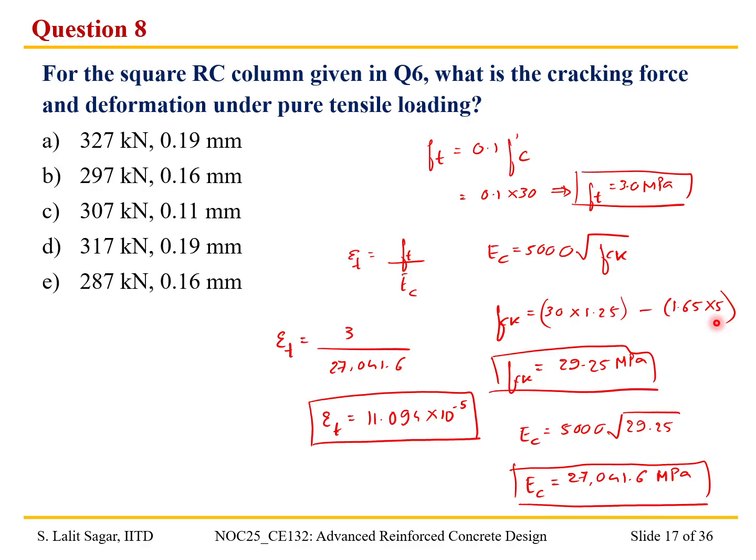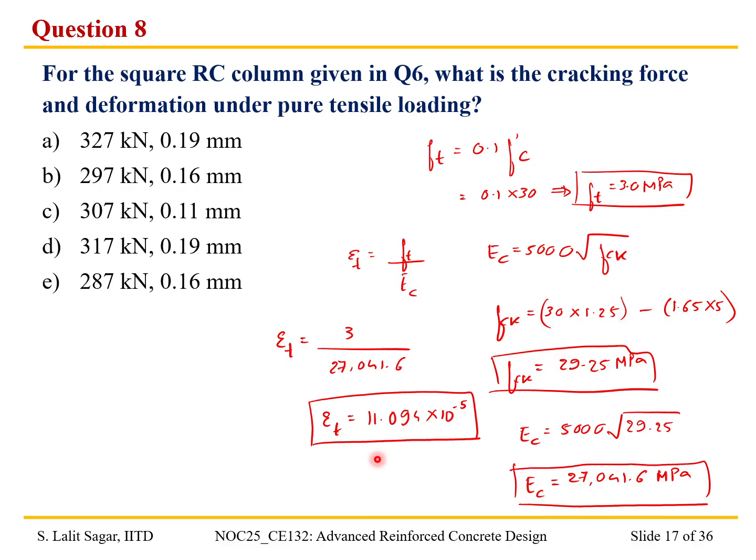The standard deviation is taken from IS 10262, which gives us a value of FCK of 29.25 MPa. From this we can determine the value of EC as 27,041.6 MPa, and when we plug it in this equation, epsilon T is equal to Ft by EC, that is 11.094 into 10 to the power minus 5.